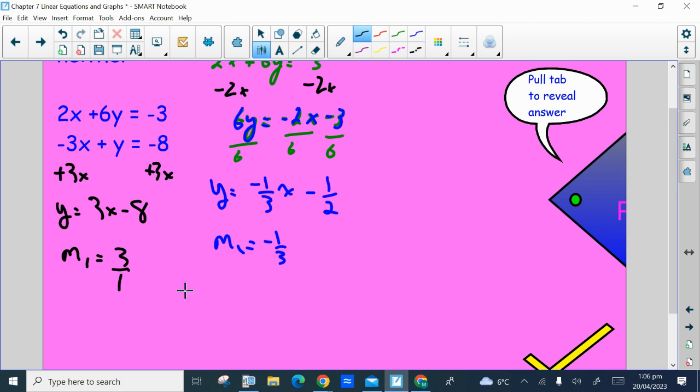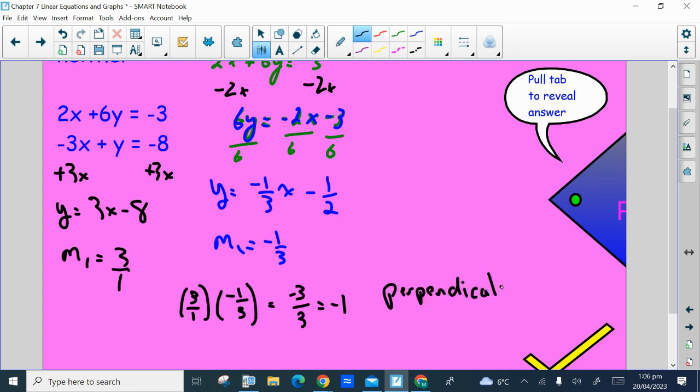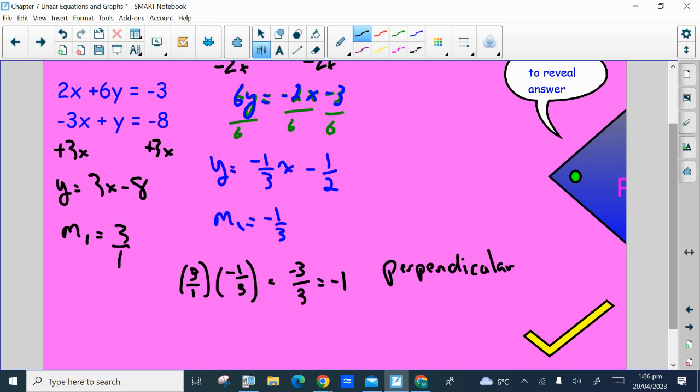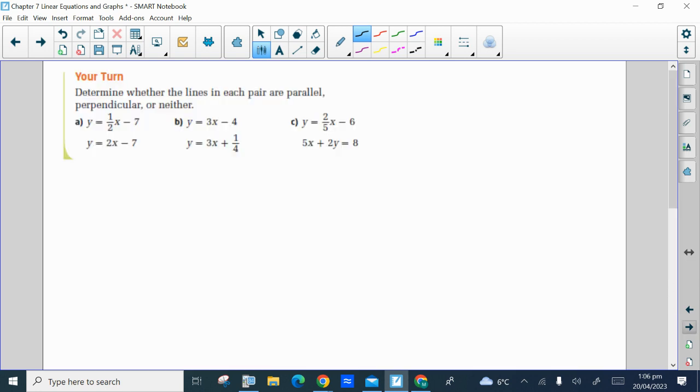Also, if you multiply the two slopes together, you'll get negative 3 on top over positive 3 on the bottom. That is negative 1. Their slopes multiplied together do give you negative 1. So therefore, these are perpendicular. They are perpendicular lines. Their slopes are negative reciprocals.